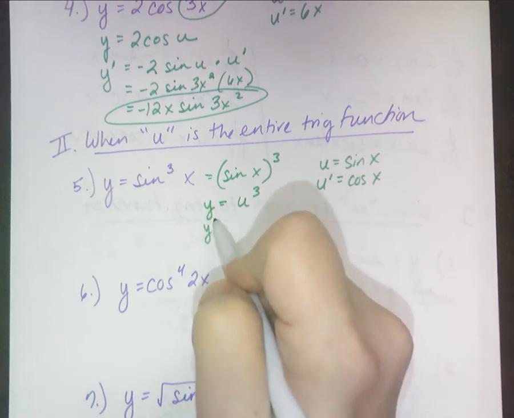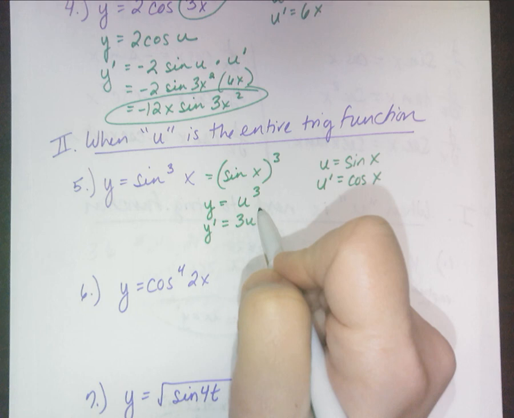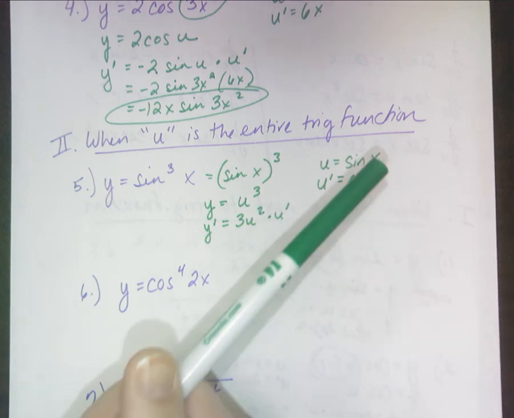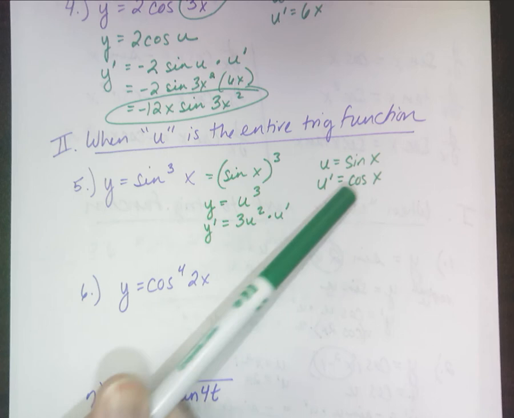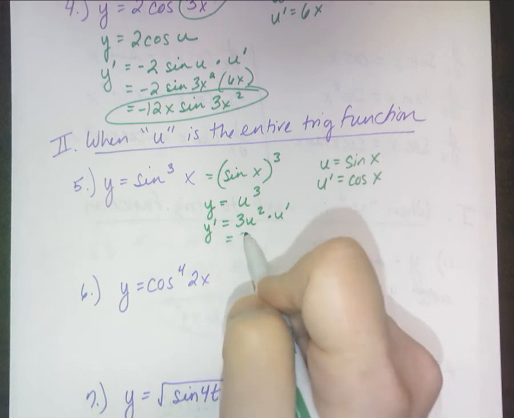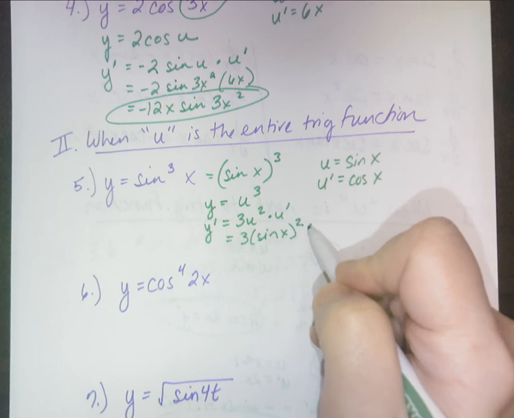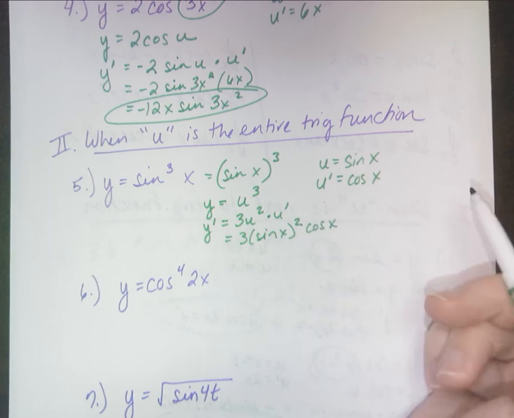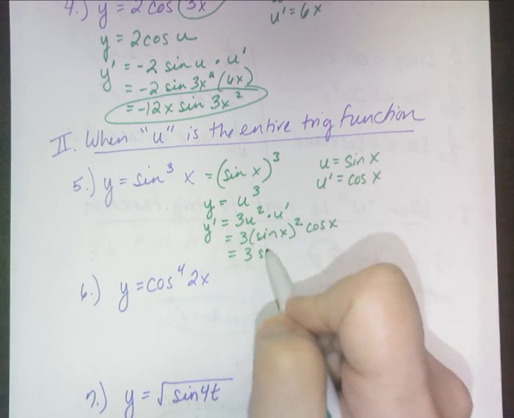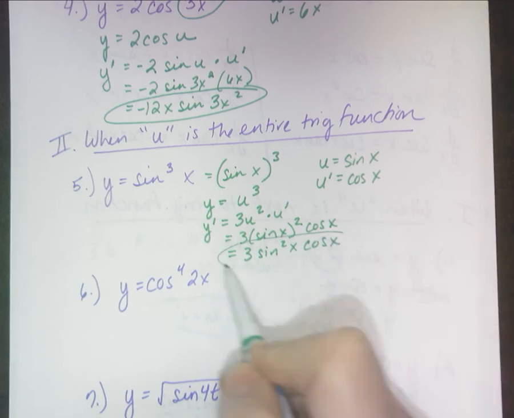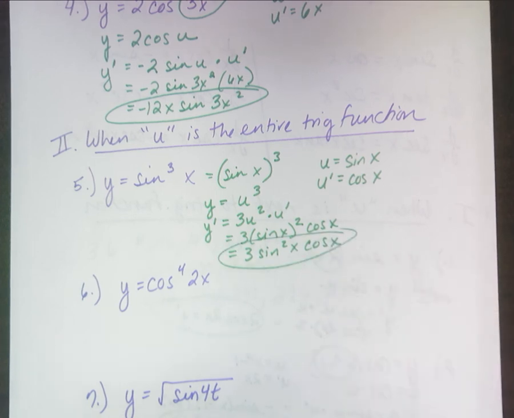And when I take a derivative, 3u squared times the chain. And now I replace. So 3 sine x squared cosine x, or 3 sine squared x cosine x. Either way is fine with me.